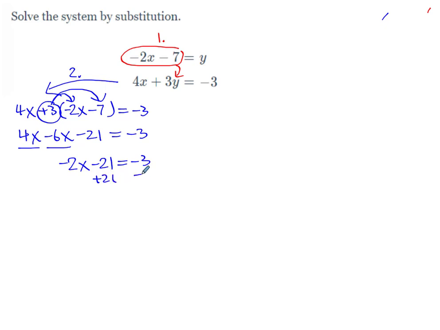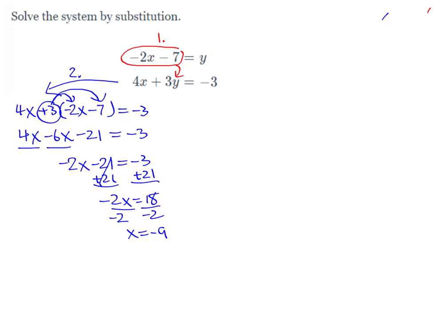Add 21 on each side. That cancels, and I have negative 2x equals positive 18. Then I'll divide by negative 2 on each side, and I have x equals negative 9.